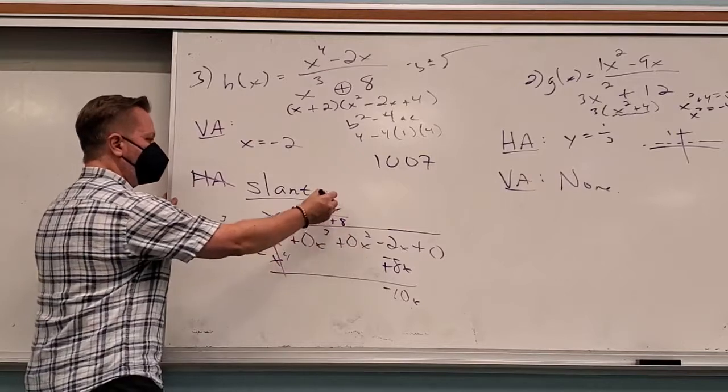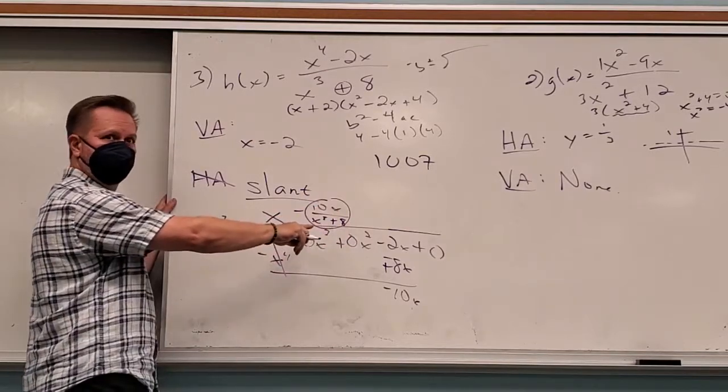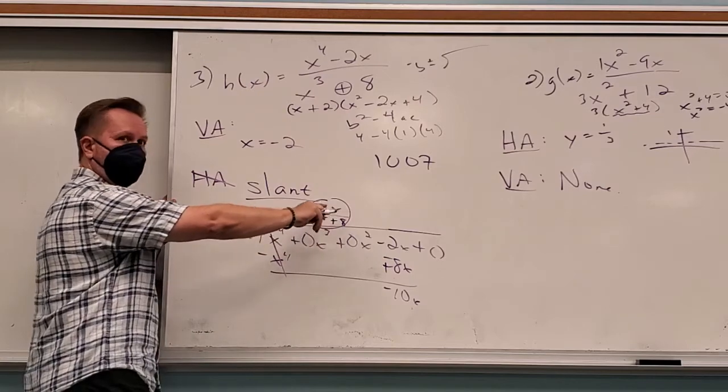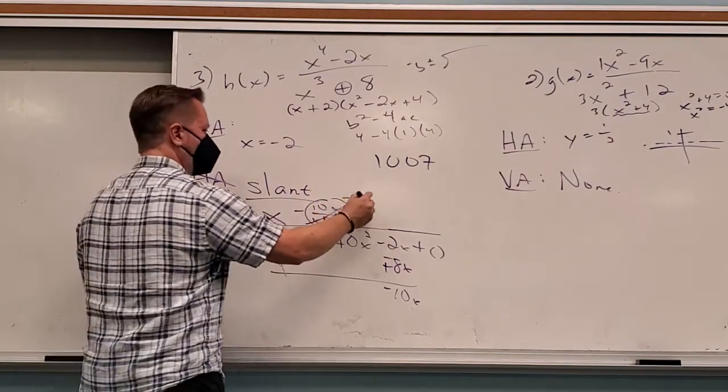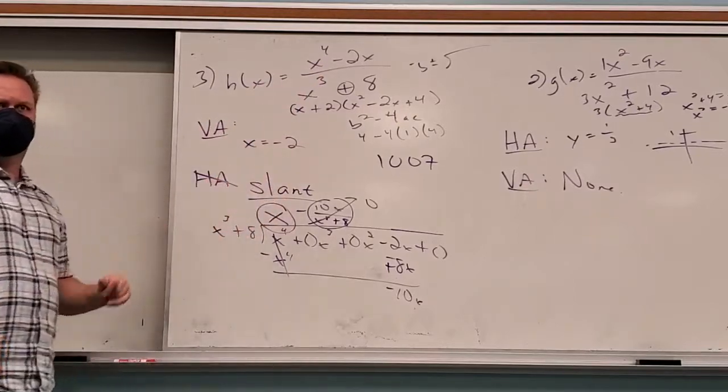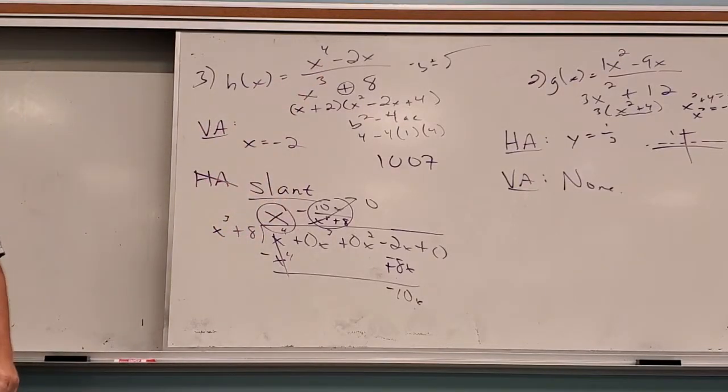When x gets really big, this goes to 0. Yes? When x gets really big, doesn't the bottom overwhelm the top? So when x gets really big, this function looks like this. And let's do it.